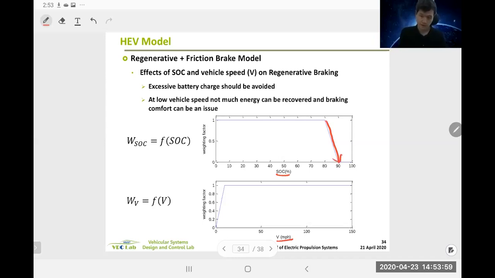And when vehicle speed is very low, you also decrease the regen, because at low speed you may feel a large jerk when you try to recuperate using the motor. On the other hand, the amount of energy you can recuperate is low at low speed.